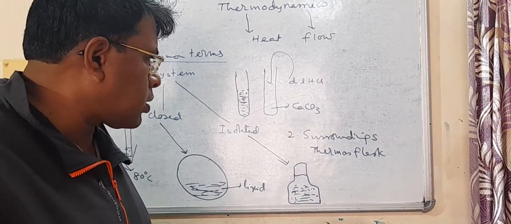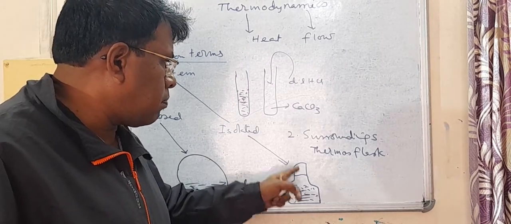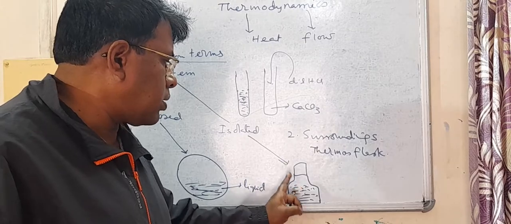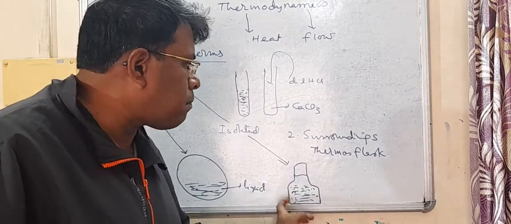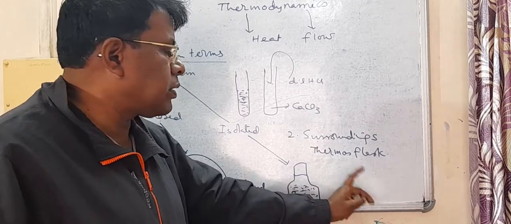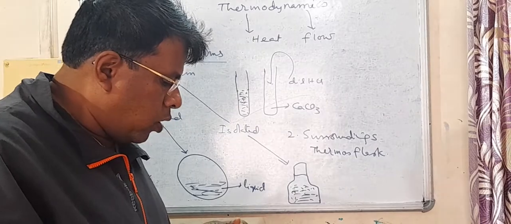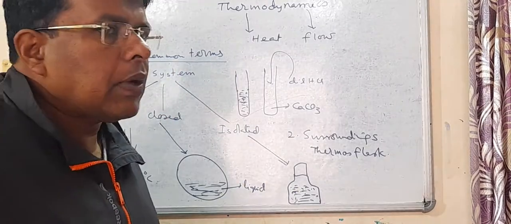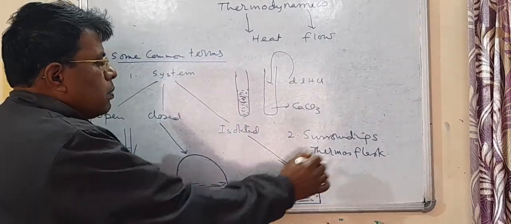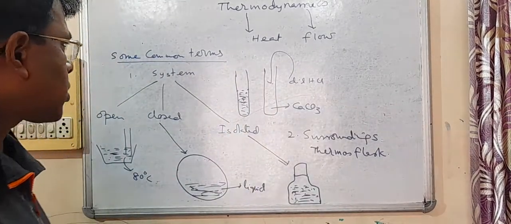So in case of this perfect thermos flask, there won't be any transfer of mass or energy with the surrounding. If there is no exchange of mass as well as energy between system and surrounding, then it is called isolated system.